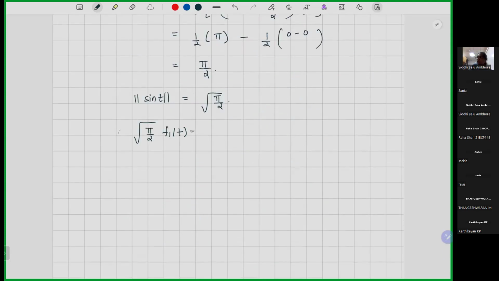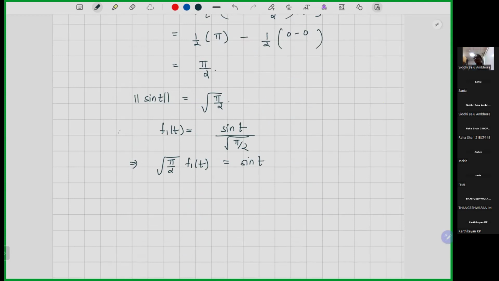So therefore the square root of pi by 2 times f1 of t is equal to sine of t.